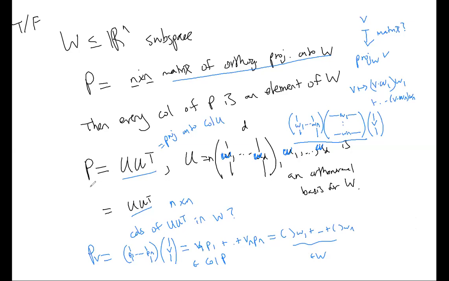Because P is a projection, right? So it's a linear transformation that takes a vector and maps it to this projection, right? And the column space of P should just be the image of this linear transformation.